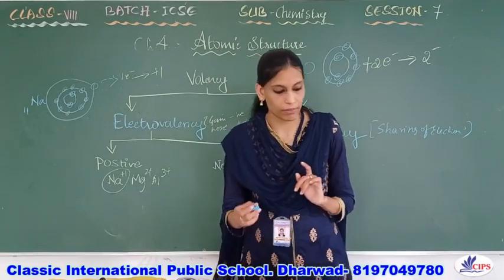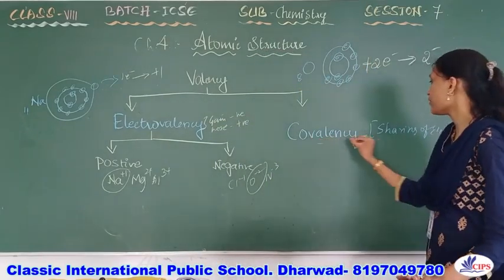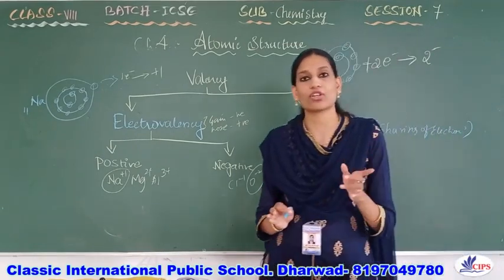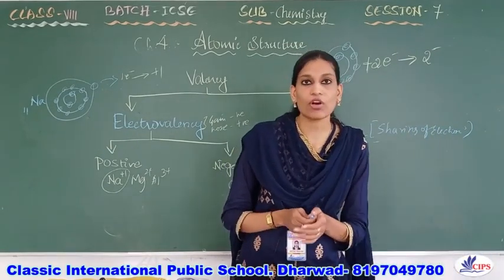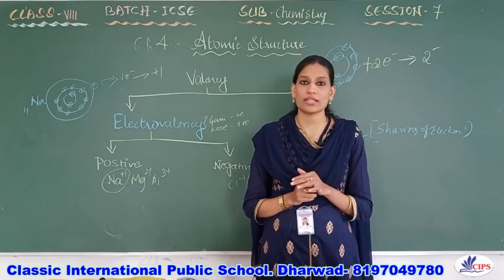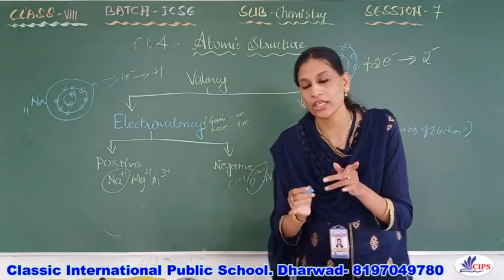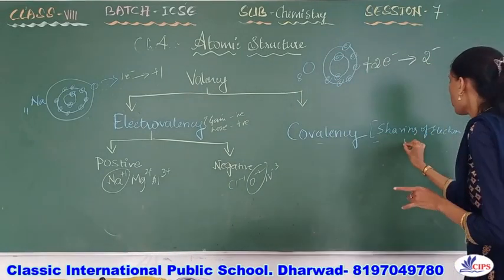Now for example, let us define it first. It is the number of electrons shared by an atom of an element to achieve the nearest electronic configuration. We call it covalency. Now see here, we have H2O.